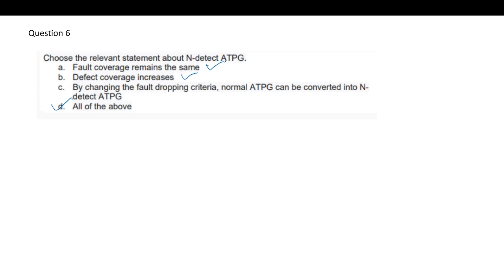By changing the fault dropping criteria, now instead of detecting a fault once, we detect it twice. In the ATPG, we keep the fault in the fault list until we get two detections. So the normal ATPG can be converted to an n-detect ATPG. So the answer is all of them.